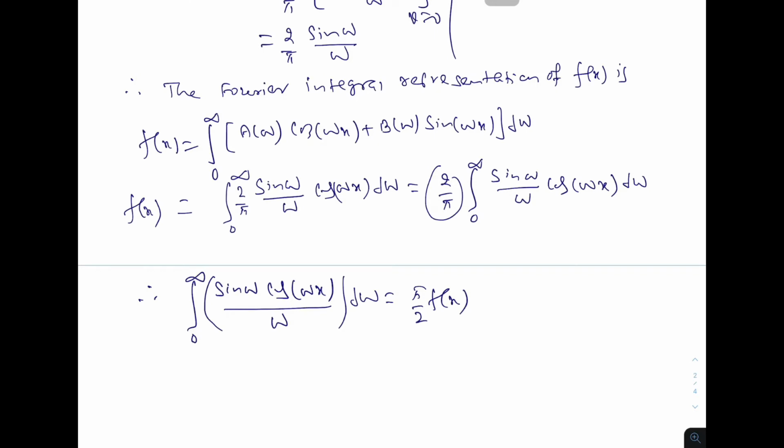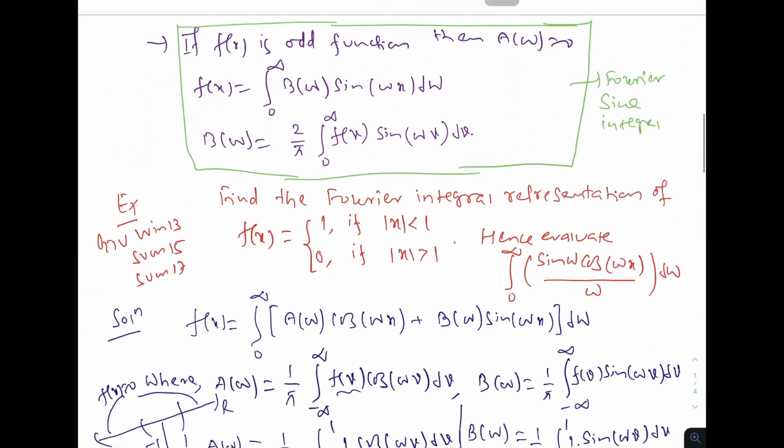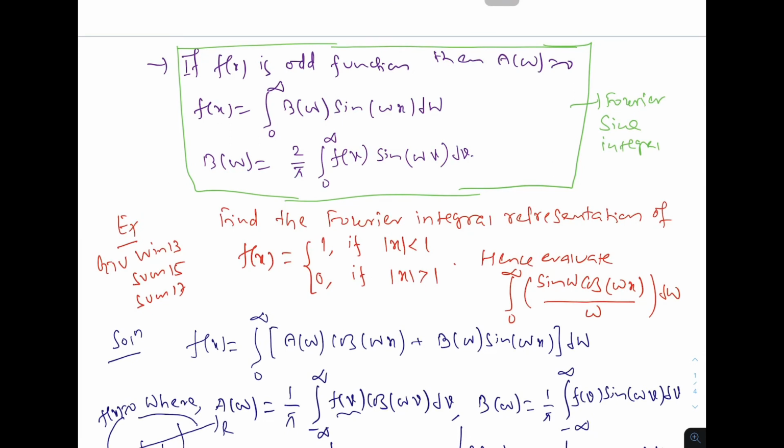But now what is f(x)? f(x) is given: modulus x less than 1, then it is 1, and modulus x greater than 1, then it is 0.